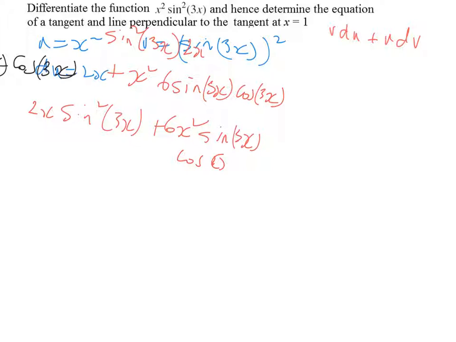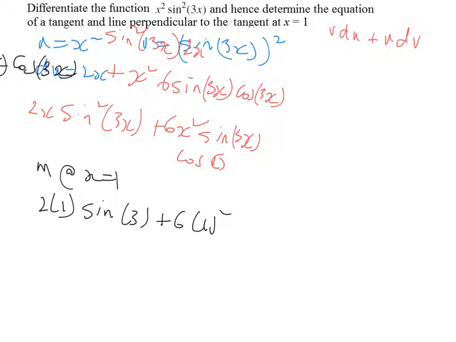So m at x equals 1: we've got 2 times 1 times sine of 3, plus 6 times 1 squared times sine of 3 cos of 3.